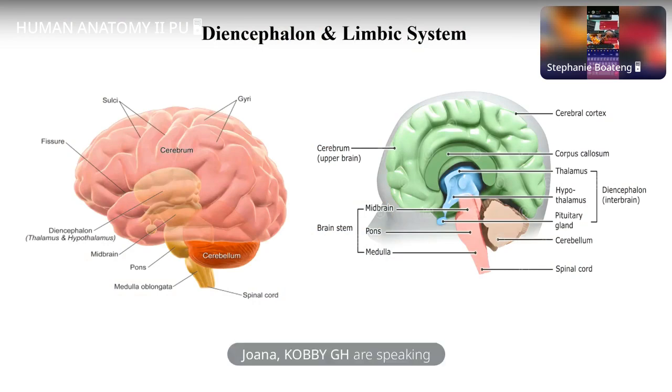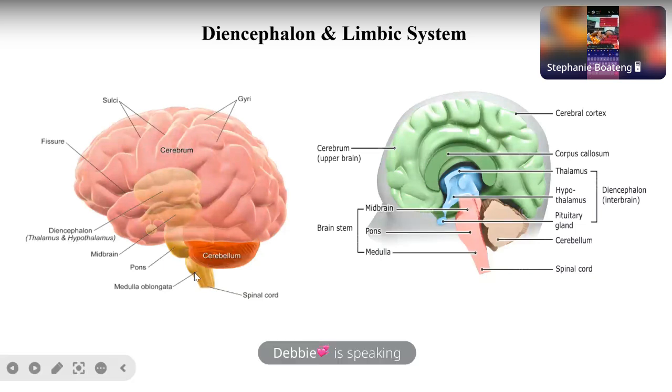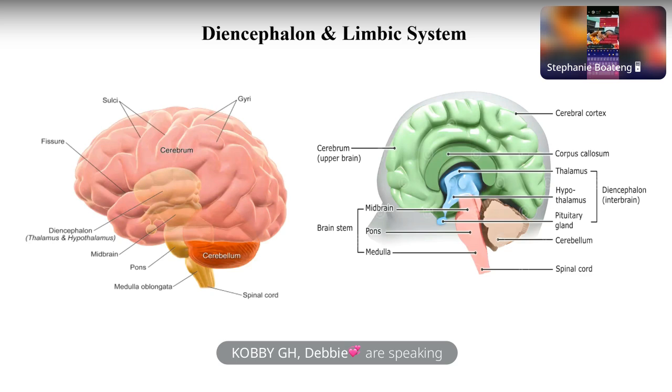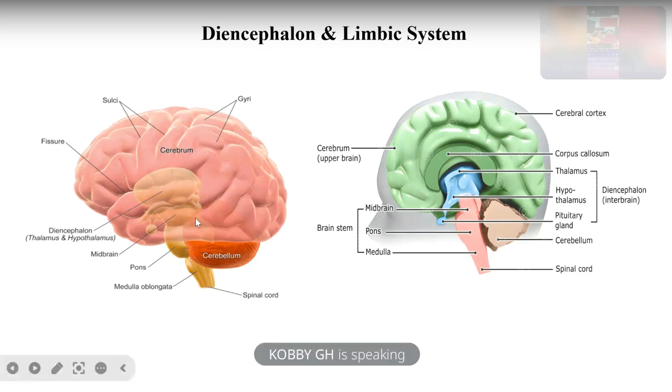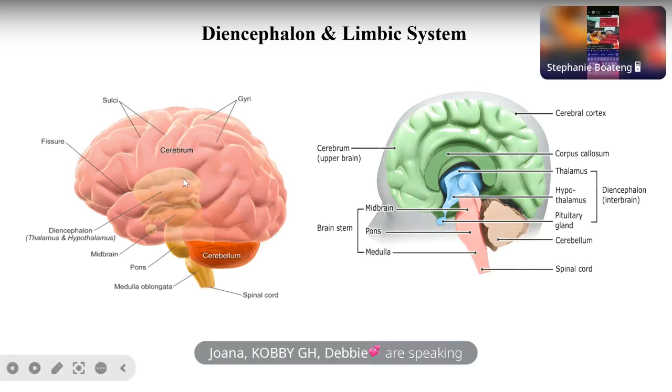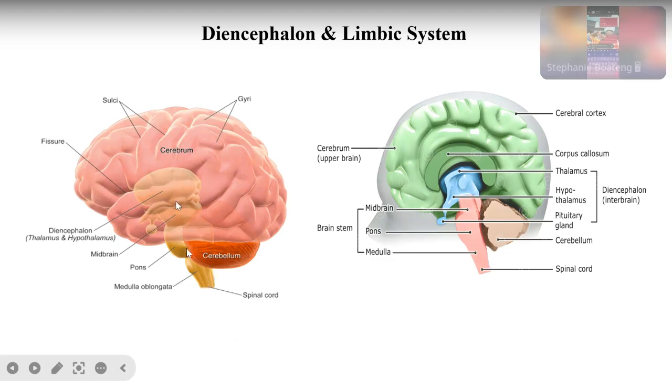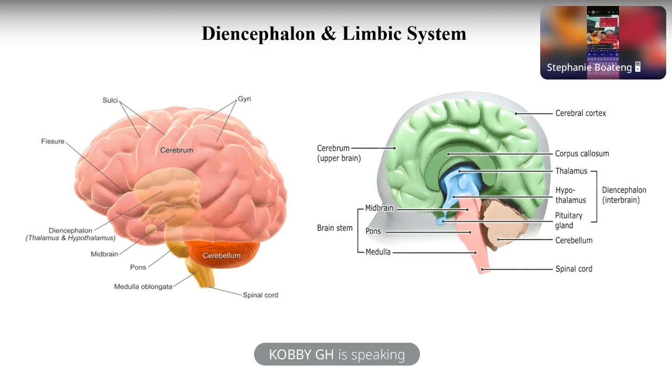So now let's do this revision exercise. What are the three main parts of the brain? The cerebrum, the cerebellum, and the brain stem. Good. Say it after me.